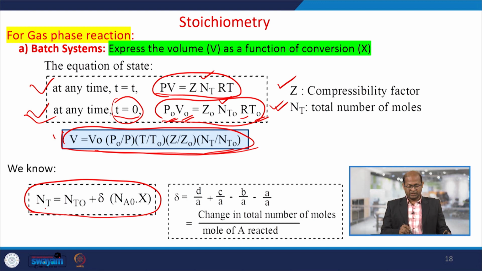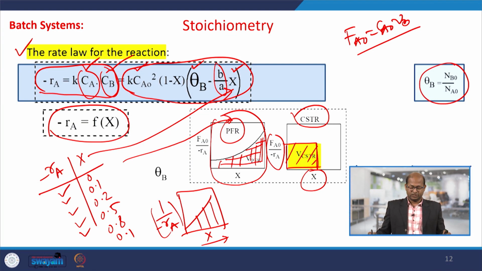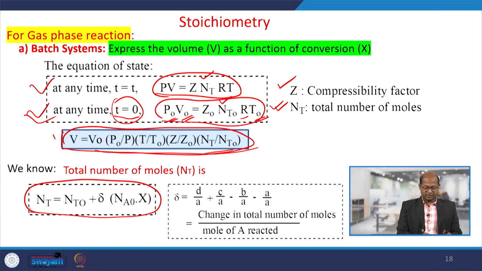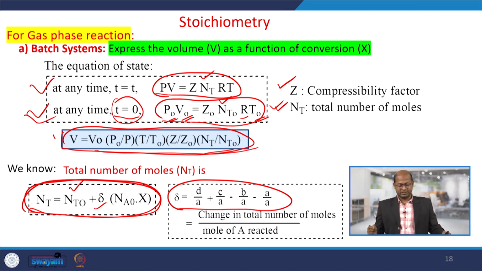There you can see we have derived the total number of moles present, N t equals N t naught plus the stoichiometric coefficient differences into n A naught into X. So, this part we can put as delta, the change in number of moles of reaction per unit mole of A. Okay. So, N t is the total number of moles, N t naught is the initial total number of moles, and delta is the change in total number of moles per unit mole of A reactant.